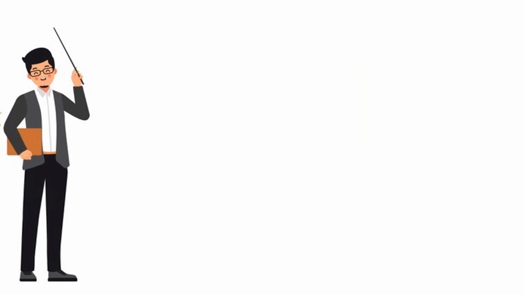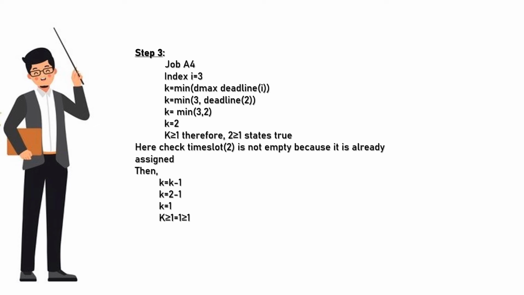Step 3, job A4. Index I equals 3. K equals minimum of Dmax, deadline I, K equals minimum of 3 and 2, K equals 2. K greater than or equal to 1, therefore 2 greater than or equal to 1 states true. Here check time slot 2, which is not empty because it is already assigned. Then K equals K minus 1, K equals 2 minus 1, K equals 1.